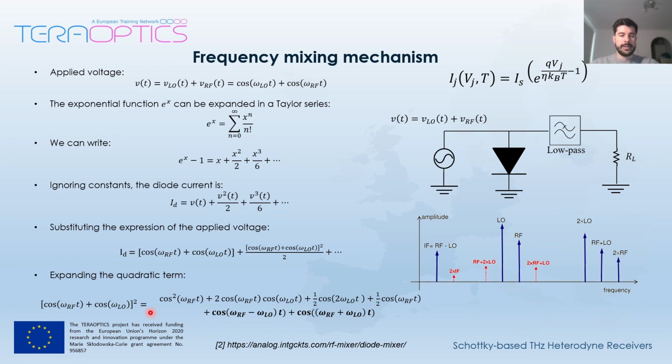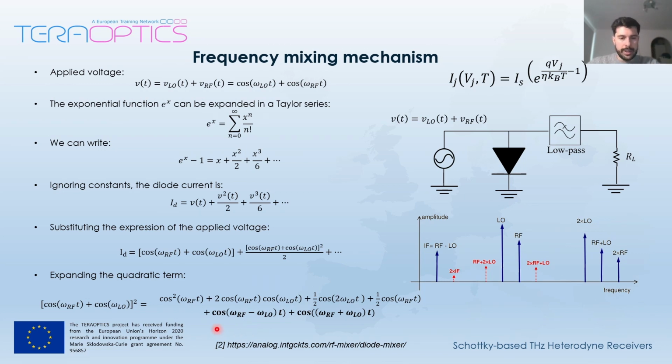If we expand this term using trigonometric functions, we reach different terms, but the one we're interested in is this one. We have a cosine of the frequency of the RF signal minus the frequency of the LO signal. Therefore, we have a down-converted signal, which is the same as saying that we are performing heterodyne detection.